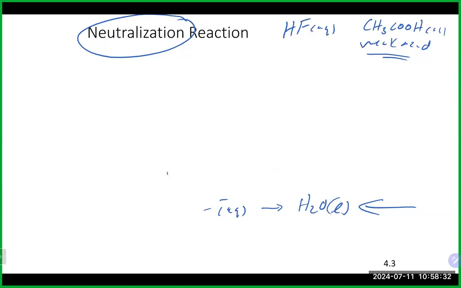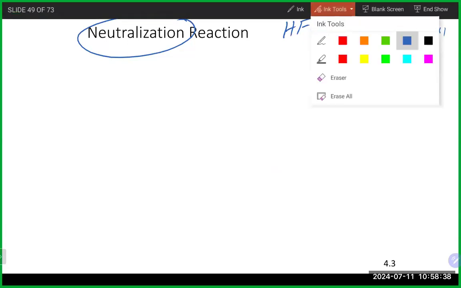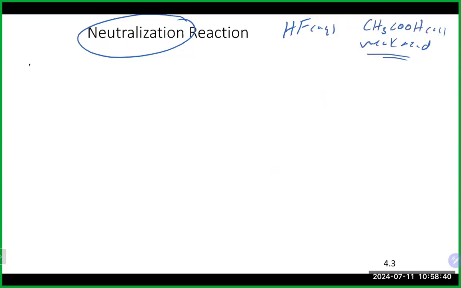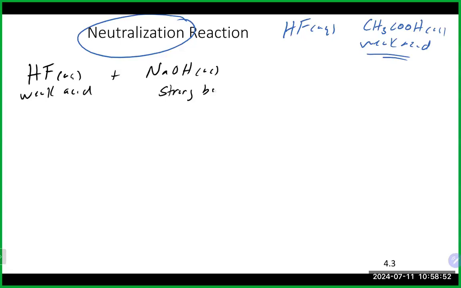So let's say we put together hydrofluoric acid and sodium hydroxide. So we're going to put together hydrofluoric acid, which is a weak acid, with sodium hydroxide, which is a strong base. Once again, this is still going to be a double displacement reaction, positive, negative, positive, negative. So we're going to switch partners.